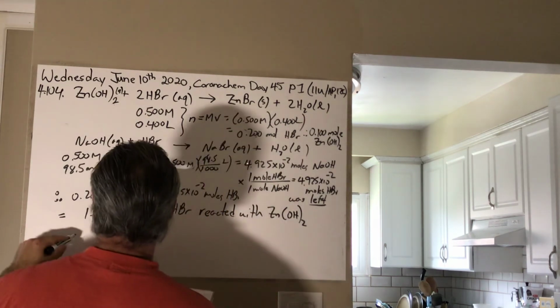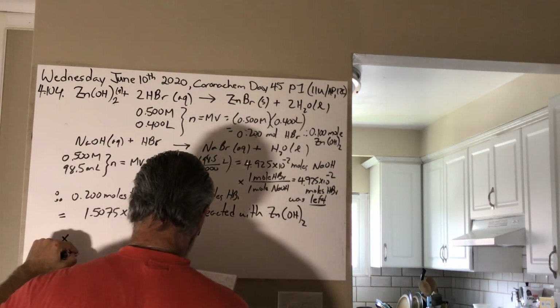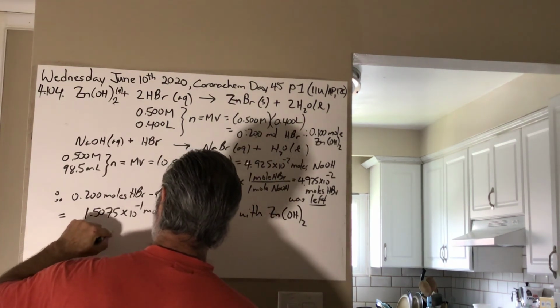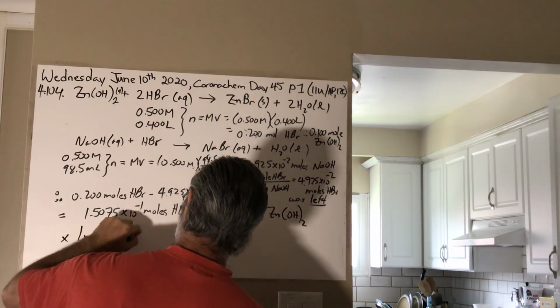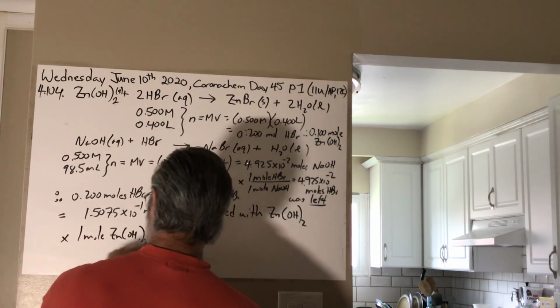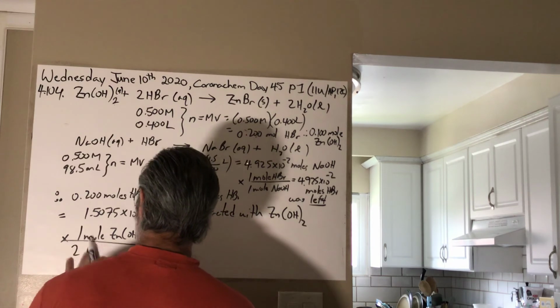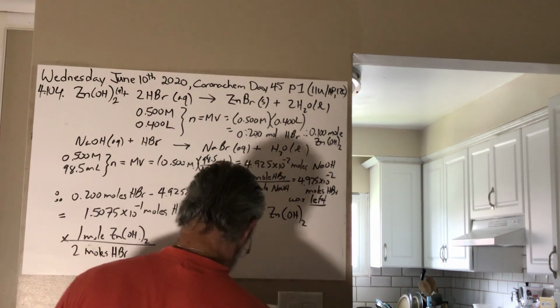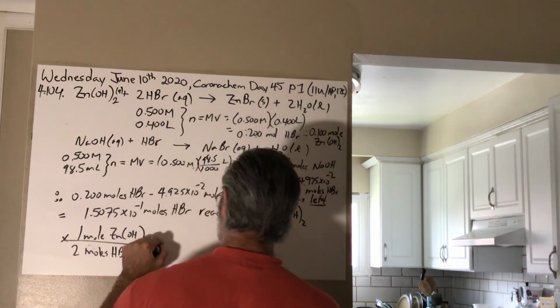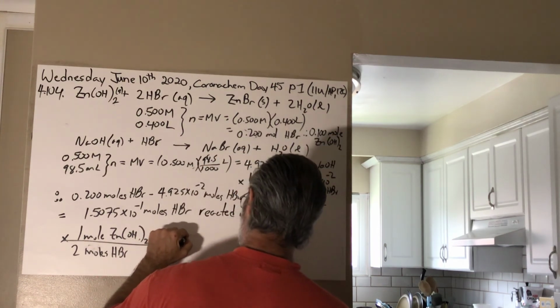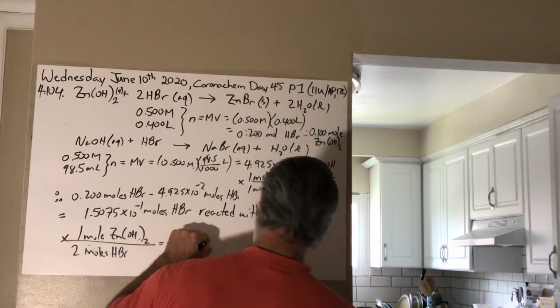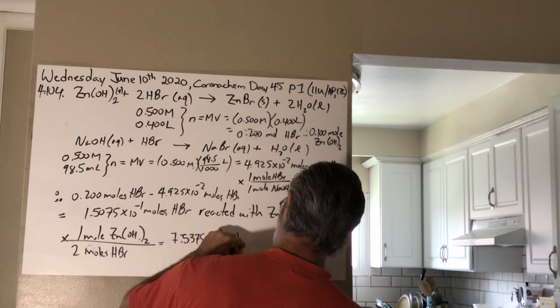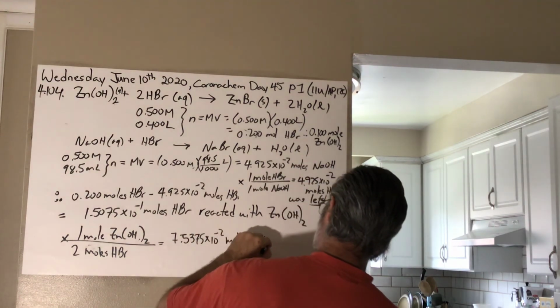Now, that number of moles times 1 mole of zinc hydroxide for every 2 moles of HBr gives you 7.5375 times 10 to the minus 2 moles of zinc hydroxide present.